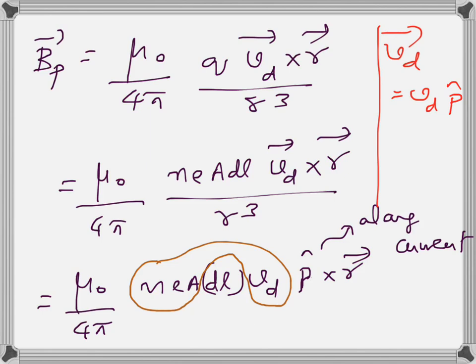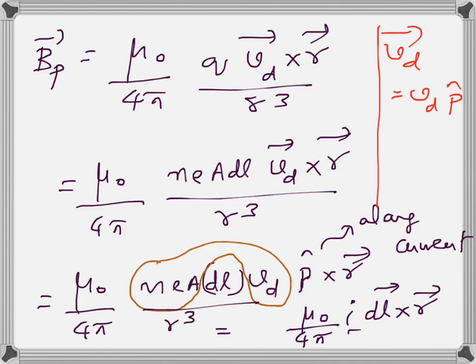So I can write it as mu naught by 4 pi. I am replacing neAVd with I. The dl length scalar is there, that I will club with the p unit vector to make it dl bar, same direction as current, cross r, and divided by r cube. I forgot here, so here also divided by r cube.